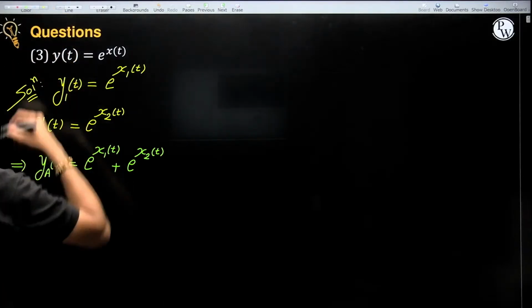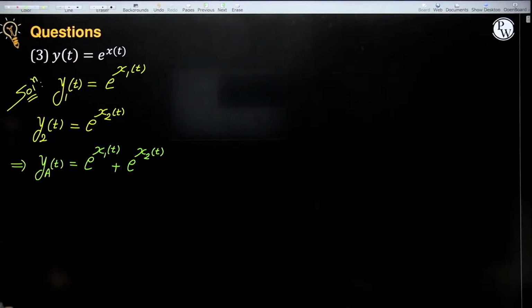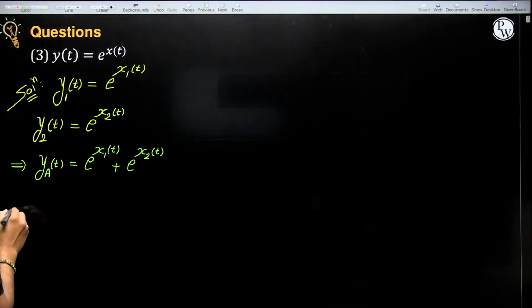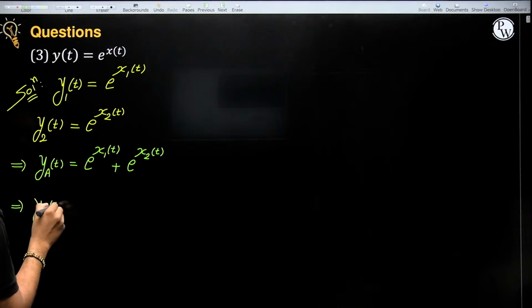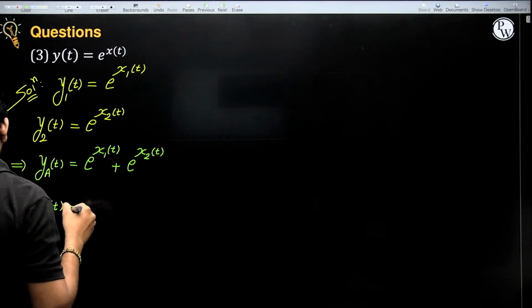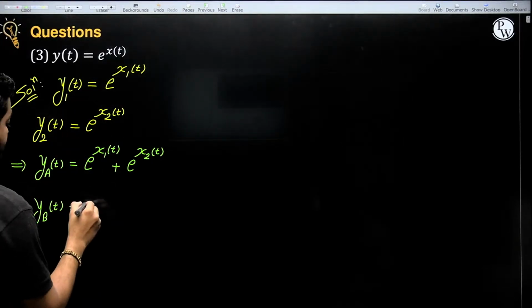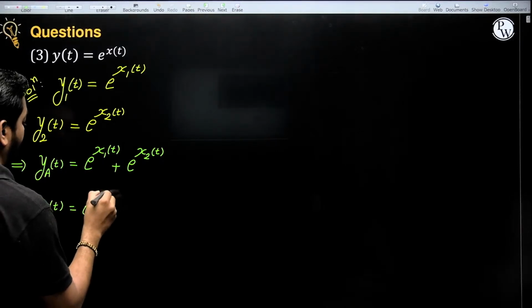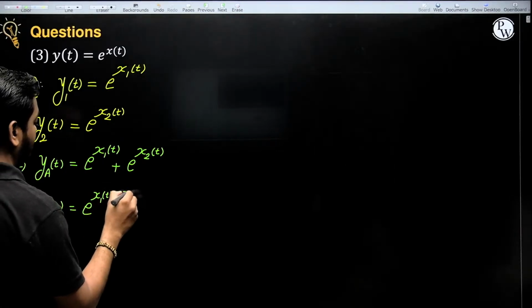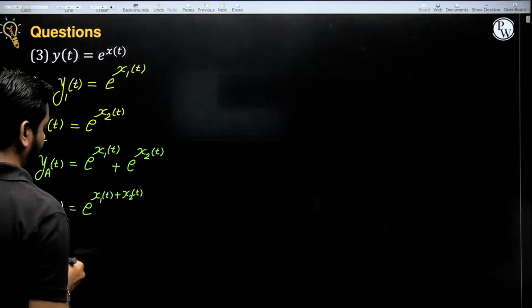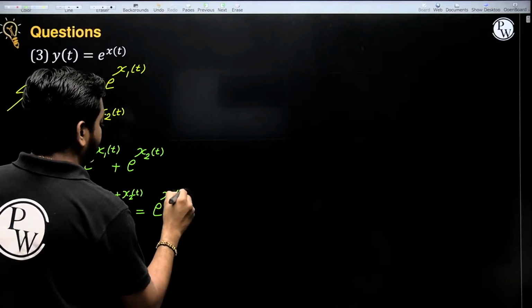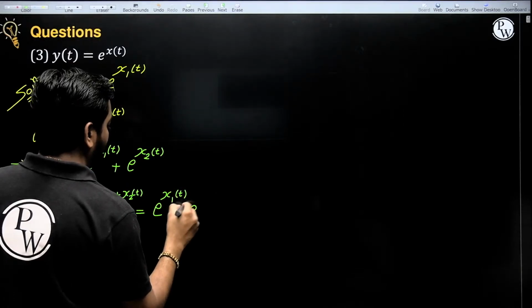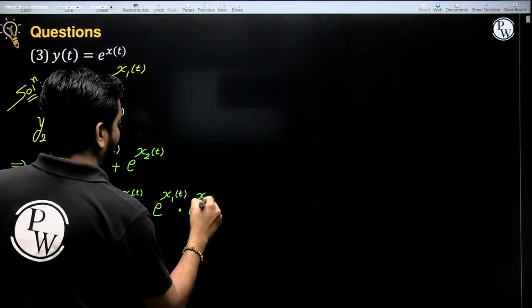Now find the response due to combined input. Combined input, simply replace x with x1 plus x2. Replace x with x1 plus x2, so e to the power x1 of t plus x2 of t is equal to e to the power x1 of t into e to the power x2 of t.